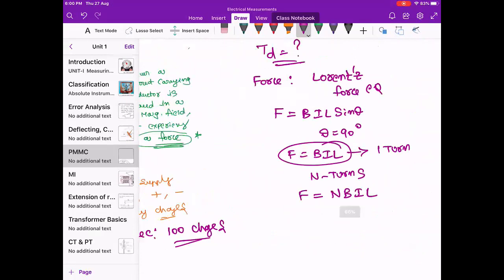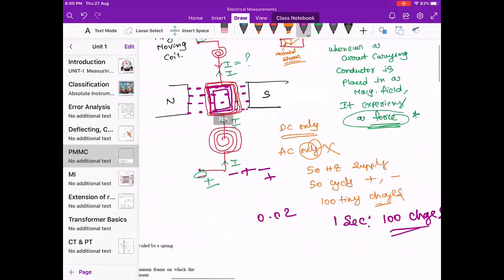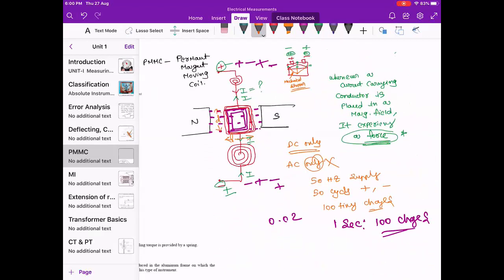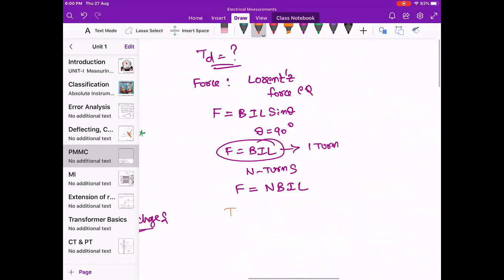Okay, and now we can go to this position here. This one is the length L, and the depth is d. Okay, you have to consider this one. Torque is equal to force into perpendicular distance.